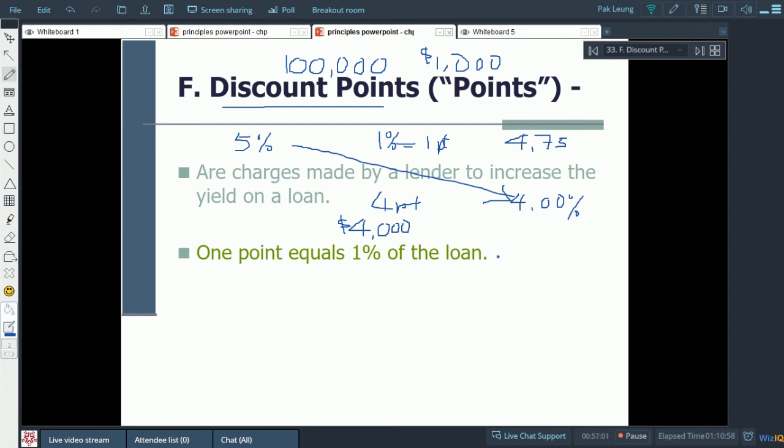Okay? Now, why is the bank doing this? The bank wants your $4,000, okay, up front to do the loan for you, to reduce from 5% to 4%, right? Okay? They are betting on you, right?